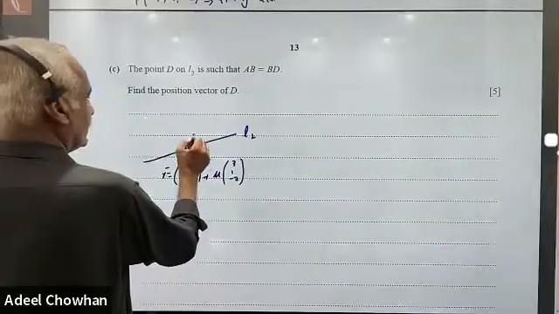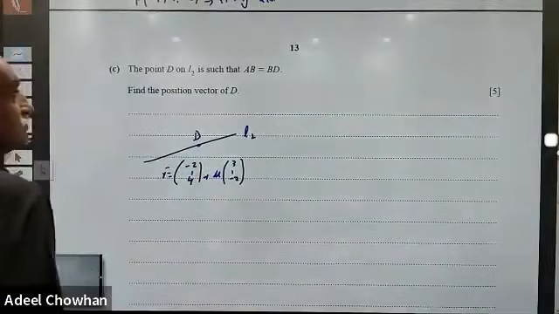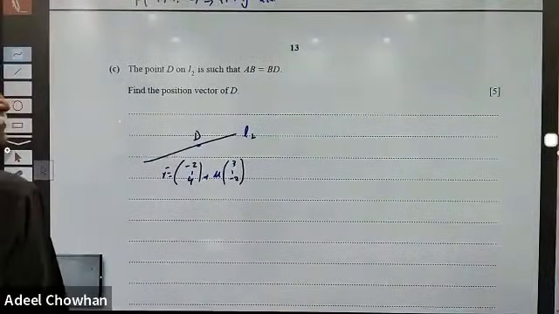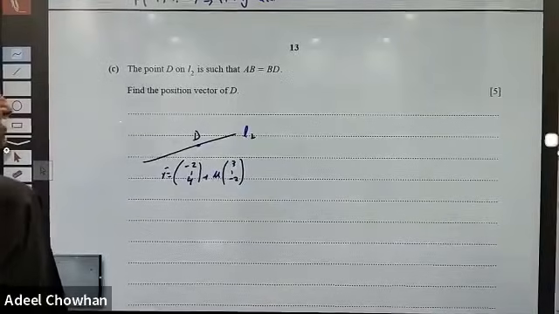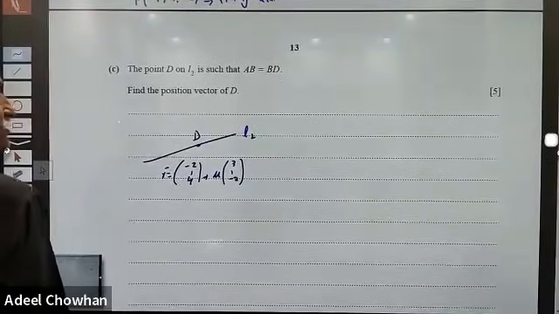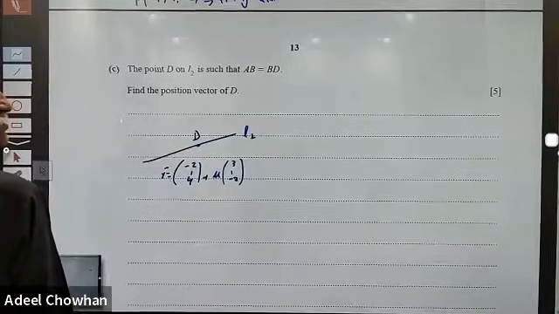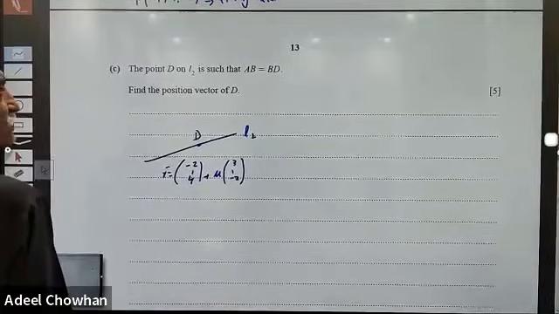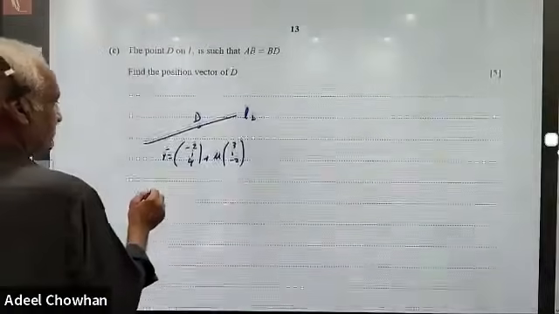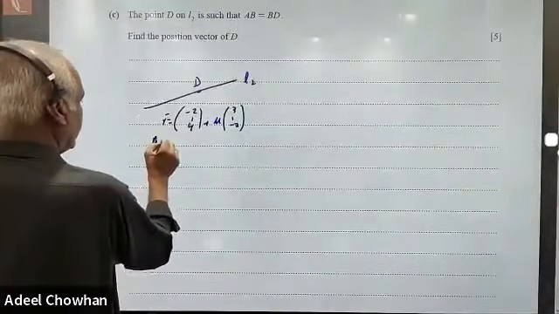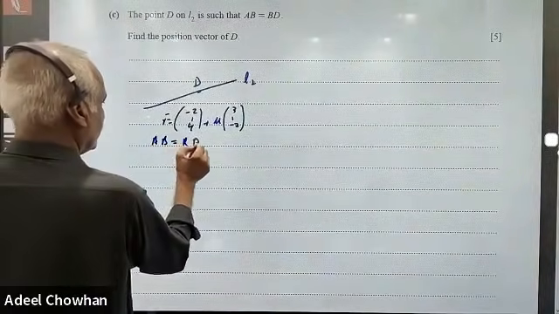Let's say D is at this point, which has x, y, z coordinates. Now the condition is AB is equal to BD.